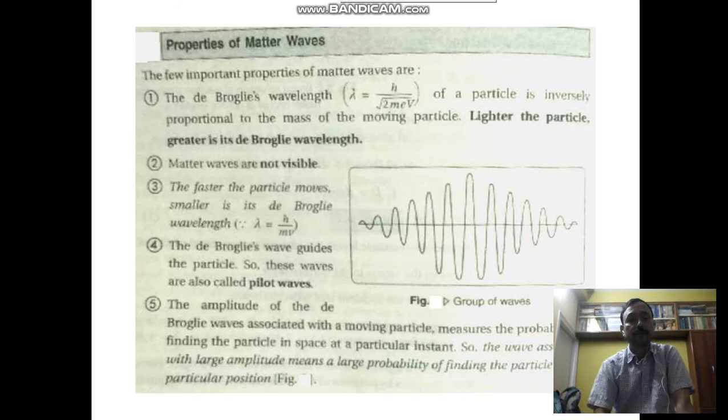Properties of matter waves. The few important properties of matter waves are: number 1, the de Broglie wavelength lambda is equal to h by root over 2mEV of a particle. That means lambda of a particle is inversely proportional to m to the power half, inversely proportional to the mass of the moving particle.